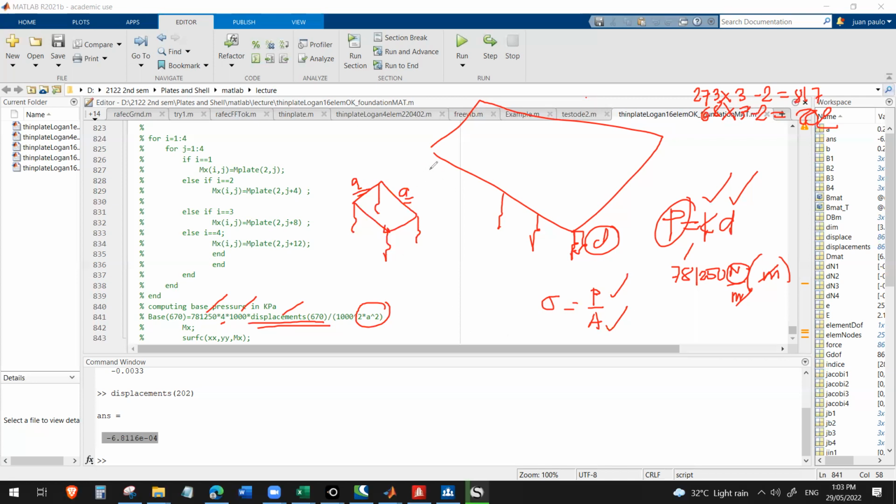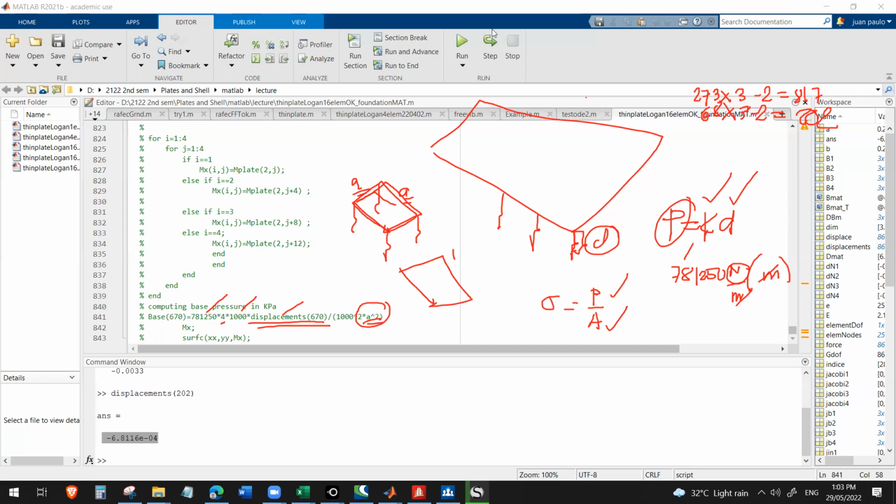Anyway, our mesh is small. If our mesh were 1 meter by 1 meter, it often would not match, so that's an advantage of creating a fine mesh, or a very small mesh.